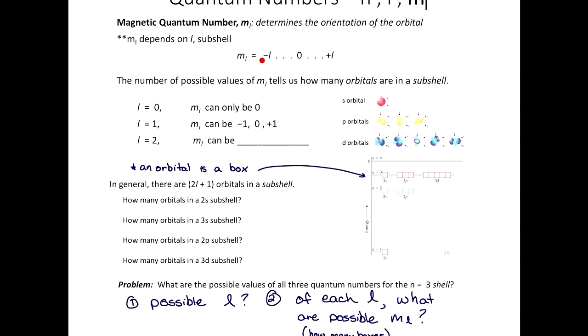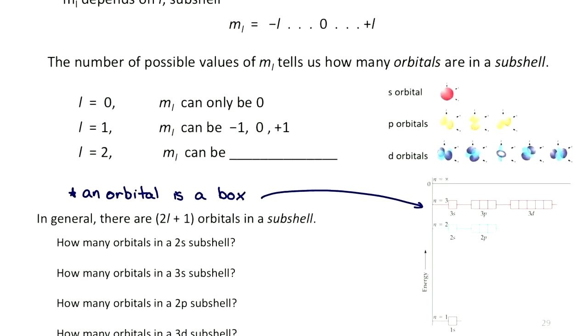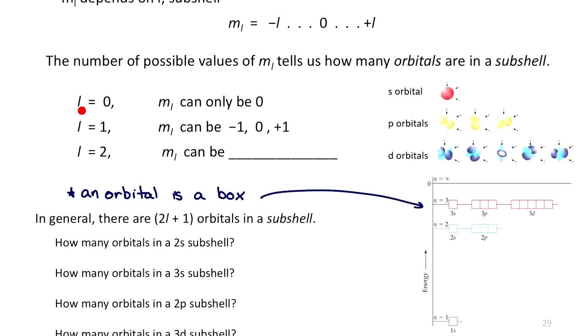The rule is that the ML quantum numbers we can have are all of the integers between negative L and positive L. I think it's best if we go through the different examples. For L equals 0, this is an s orbital. The only possible ML value we can have is 0. So in an electron orbital diagram, there's just going to be one box for an s orbital.